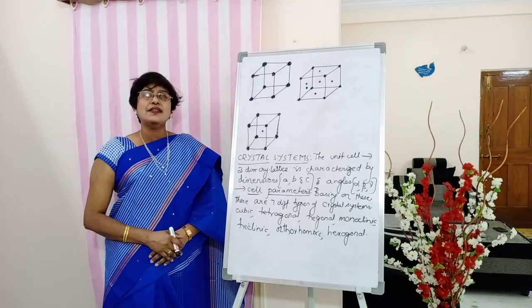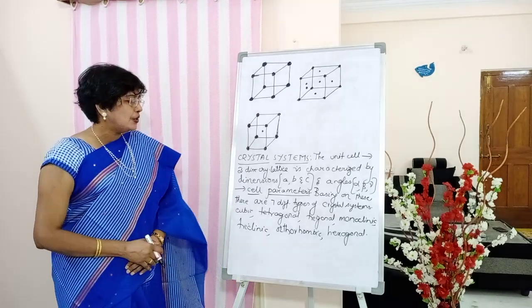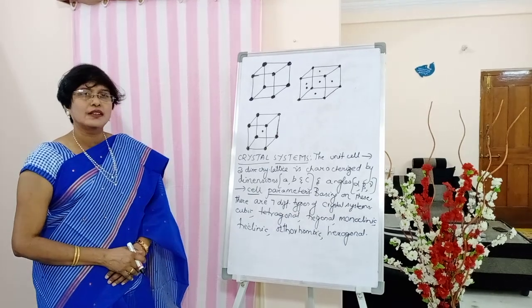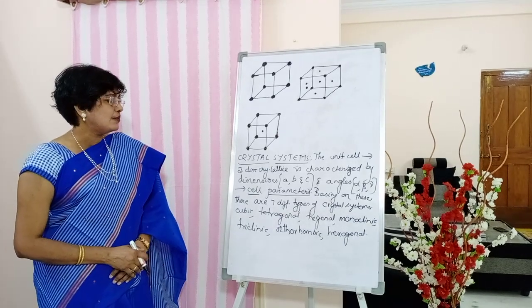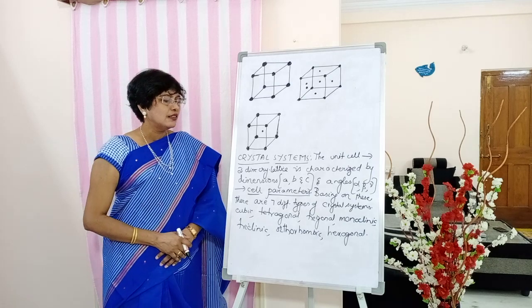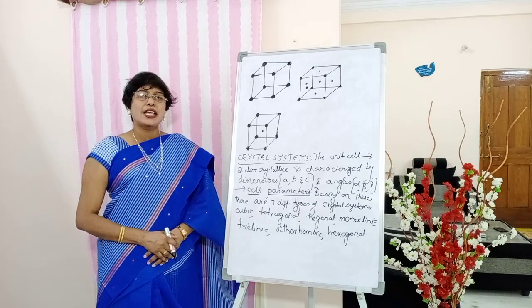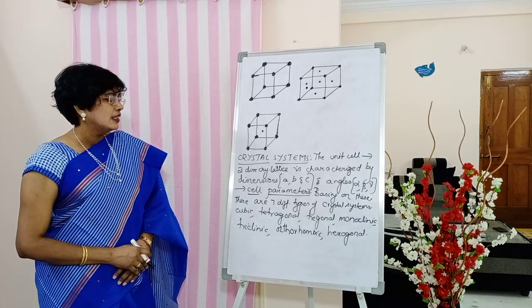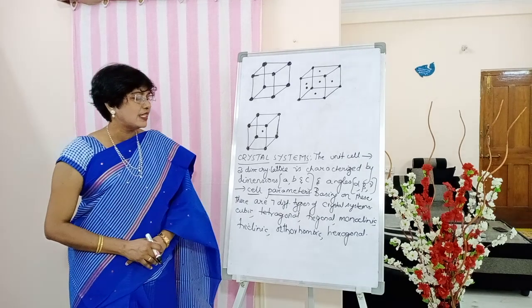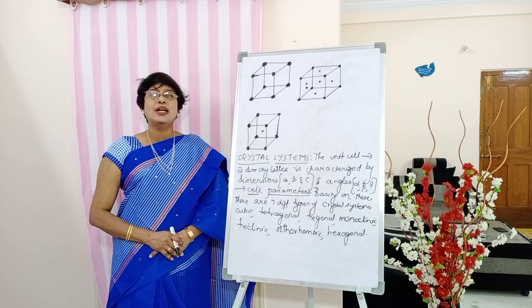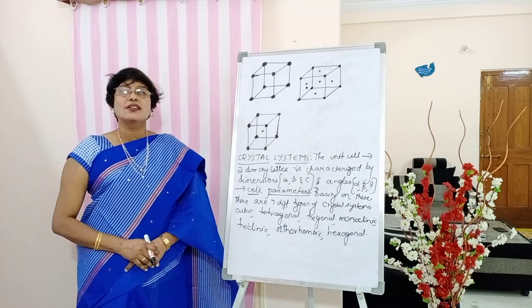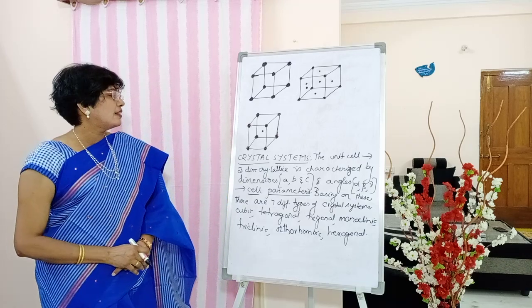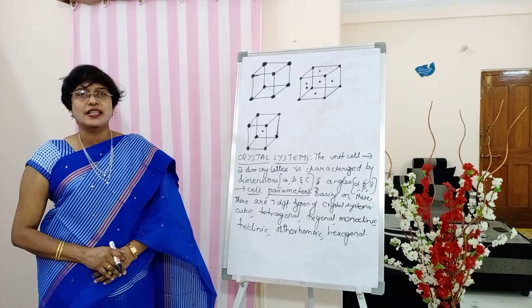Write down all the 7 names: cubic, tetragonal, trigonal, monoclinic, triclinic, orthorhombic, hexagonal. So these are the 7 crystal systems, students.